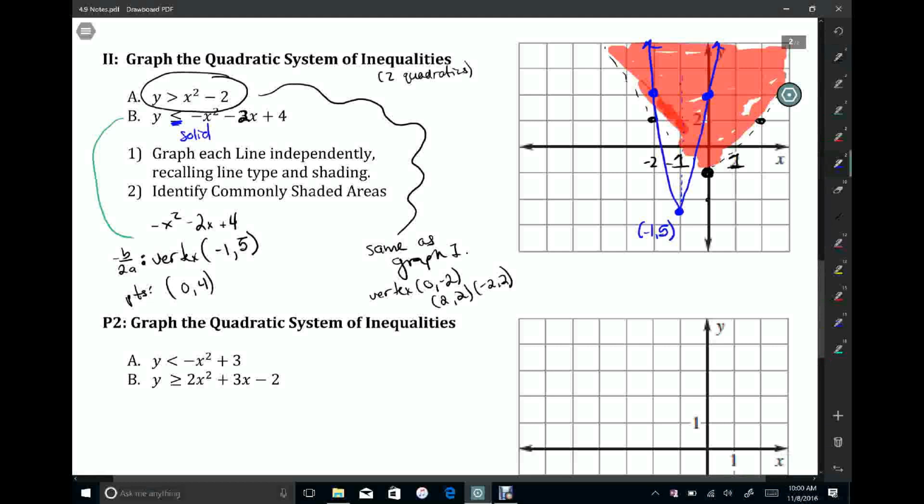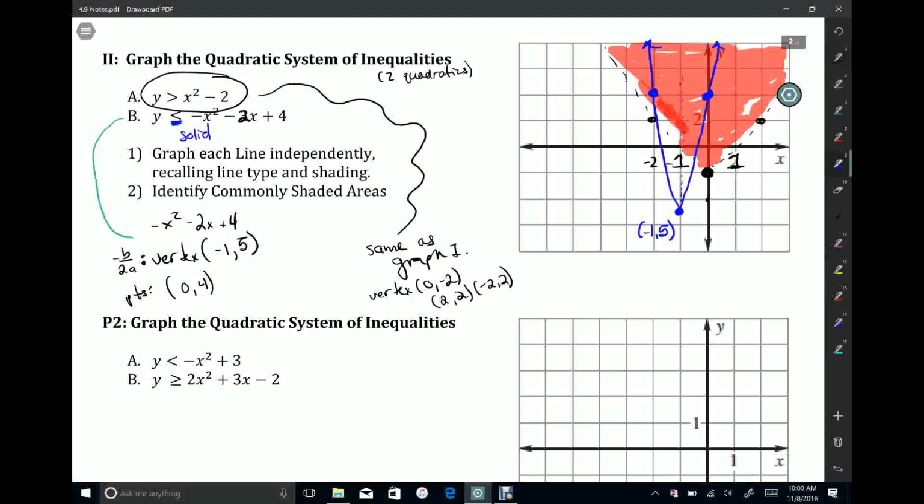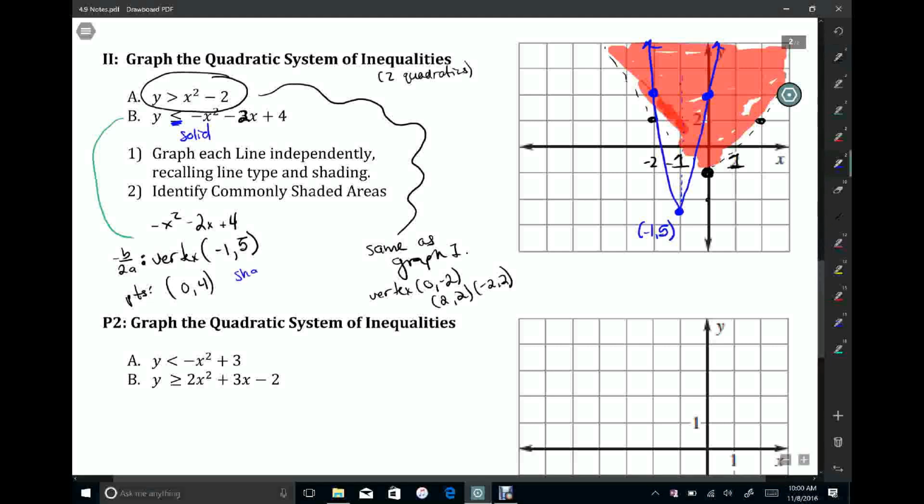And I do need to decide where to shade. So shading for blue, again, we'll test out 0, 0. Okay, so is negative 0 squared minus 2 times 0 plus 4 less than or equal to 0?